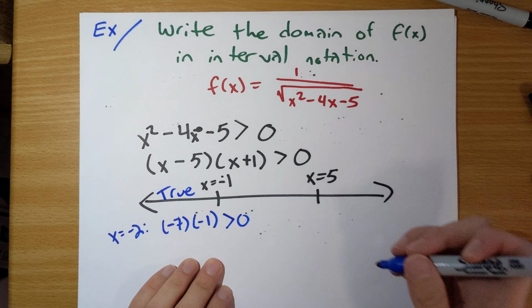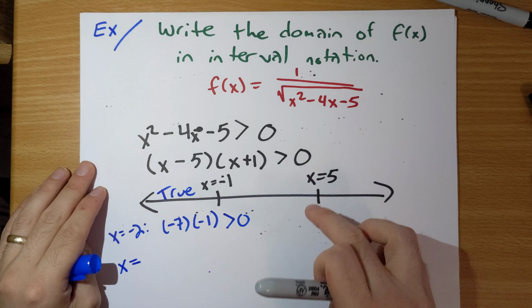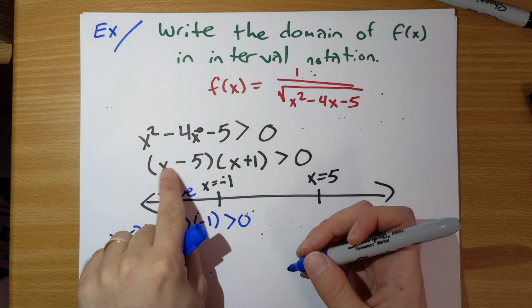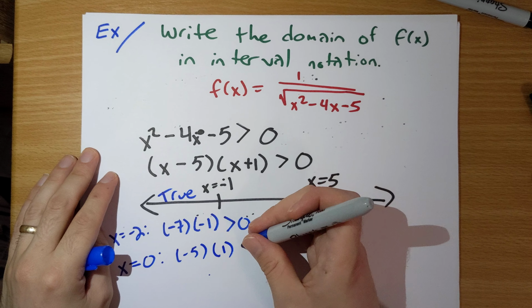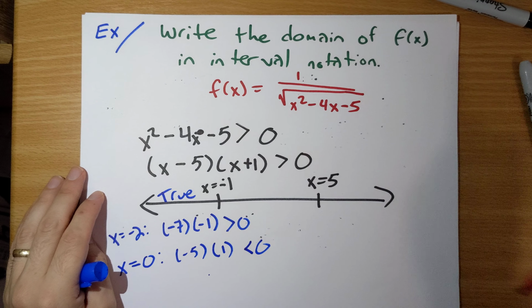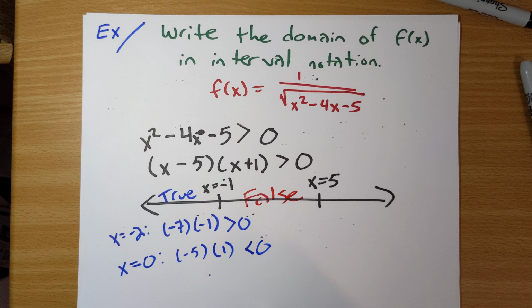The inequality here is true. For x's between -1 and 5, let's just use x = 0. 0 - 5 is -5. 0 + 1 is 1. -5 times 1 is negative, so it's false between -1 and 5.